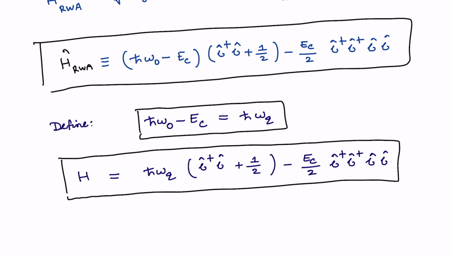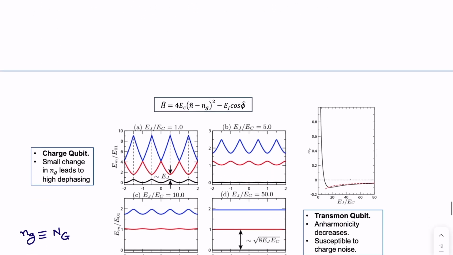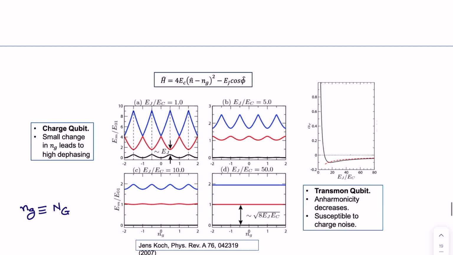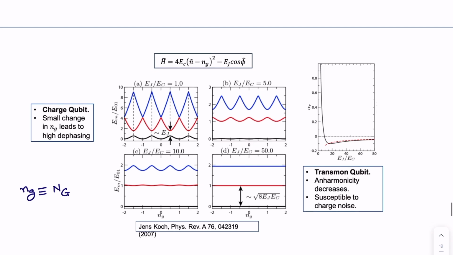In order to get a quick idea about the difference between the Cooper pair box or charge qubit and the transmon qubit, you can just look at their respective energy spectra. That is what I plotted here.